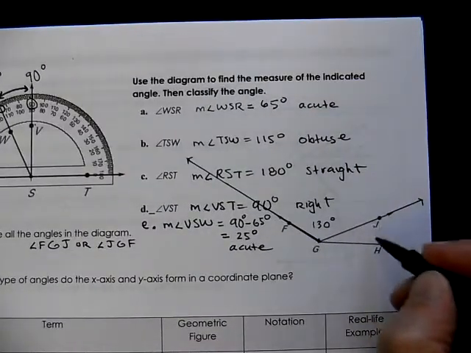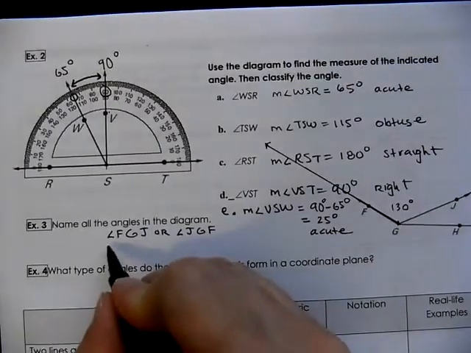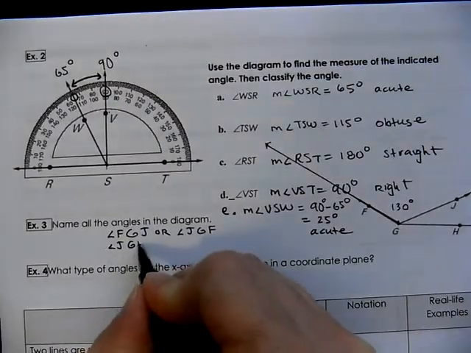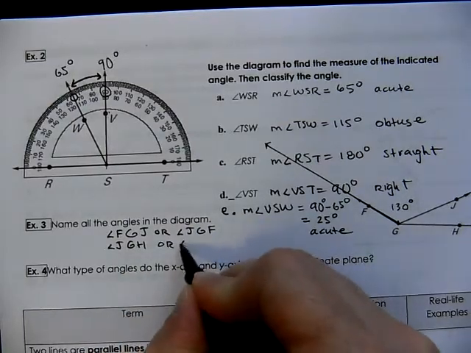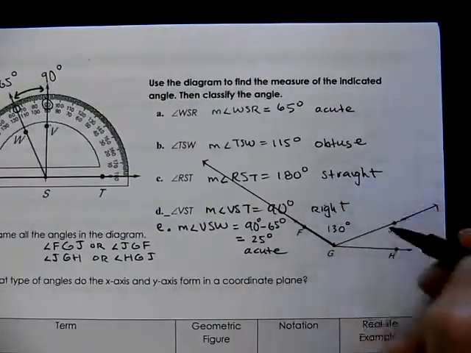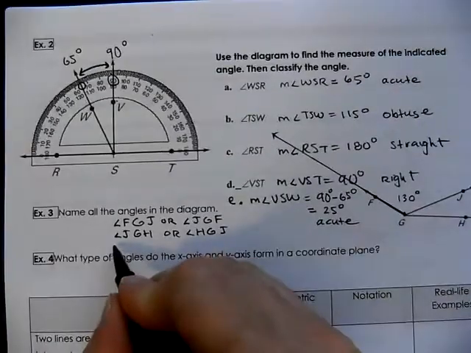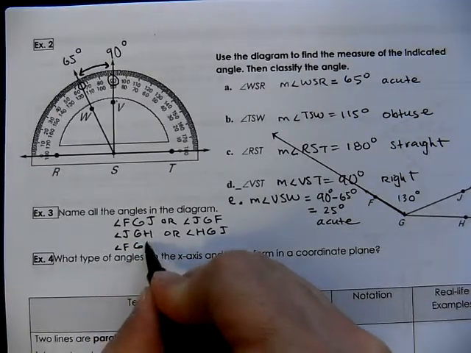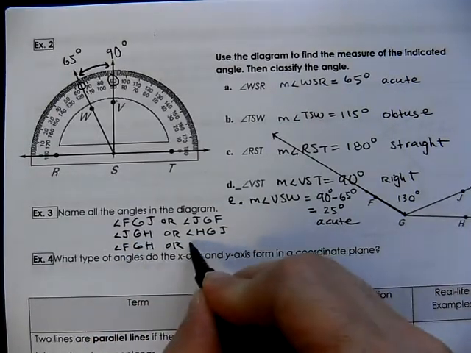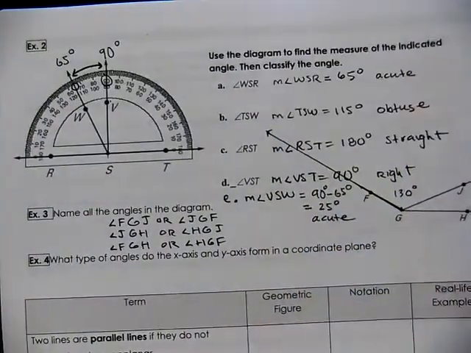Here on the right hand side we have angle JGH, or backwards, angle HGJ, and then the biggest angle goes through letters F, G, and H, or backwards, angle HGF. There's your answer.